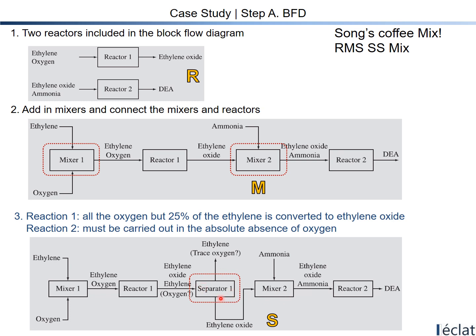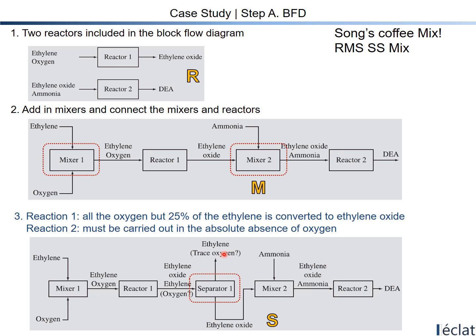The role of separator 1 is separating the ethylene oxide from ethylene or trace oxygen. Even if you did not calculate the amount of oxygen, you should think about the trace oxygen. So one of the roles of separator 1 is to remove oxygen from ethylene oxide.